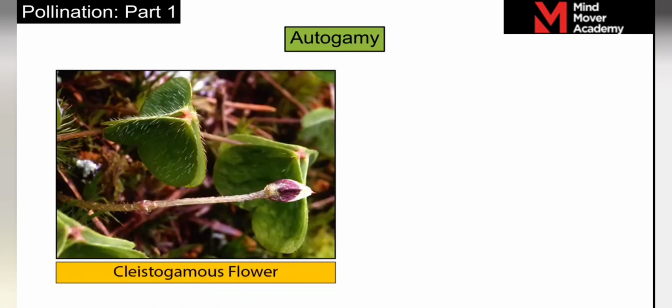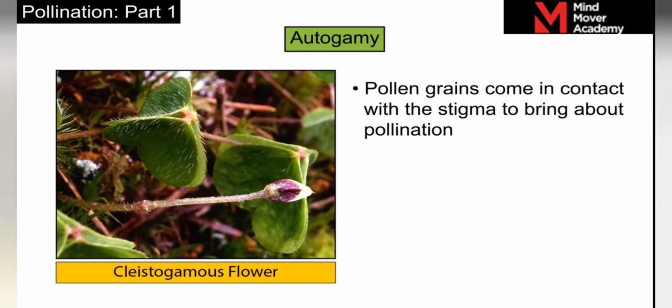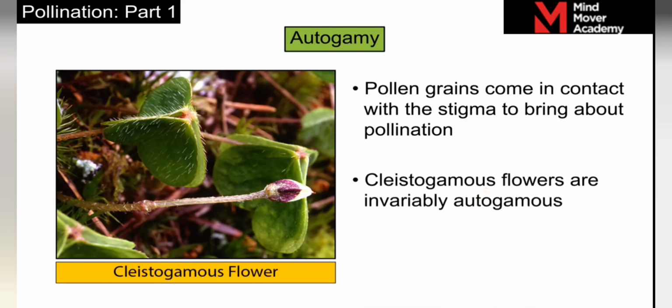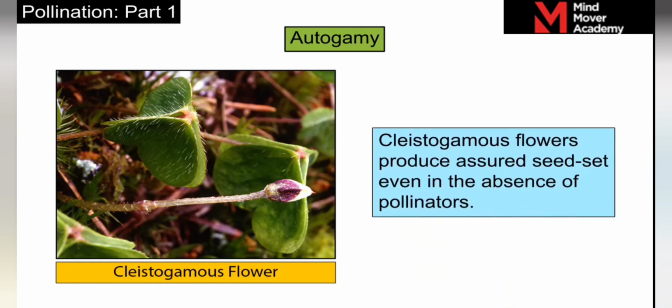When anthers dehisce in the flower buds, pollen grains come in contact with the stigma to bring about pollination. Thus, cleistogamous flowers are invariably autogamous, as there is no chance of cross-pollen landing on the stigma. Cleistogamous flowers produce assured seed set, even in the absence of pollinators.